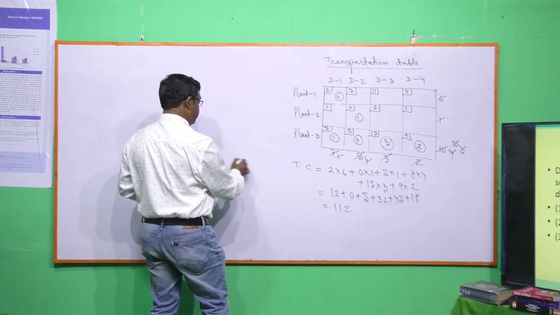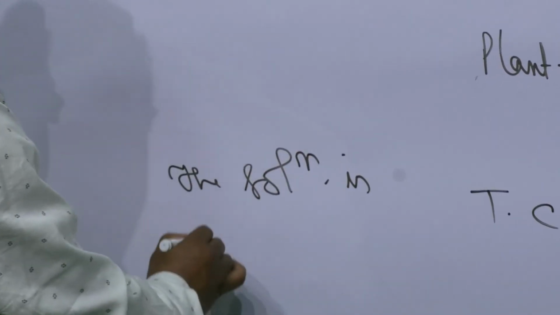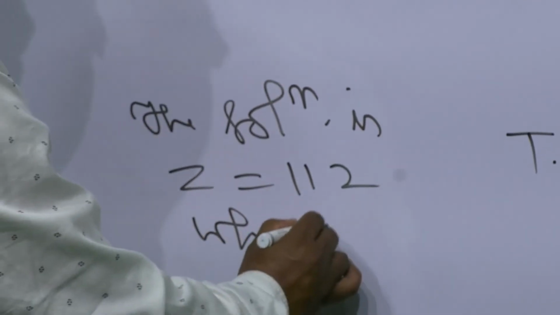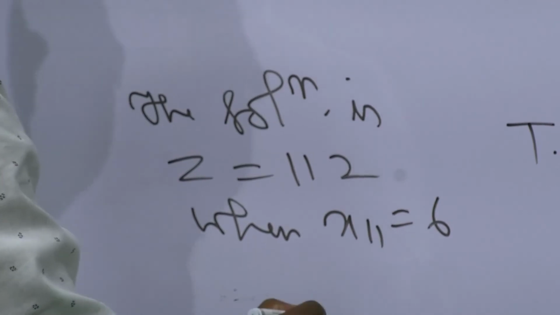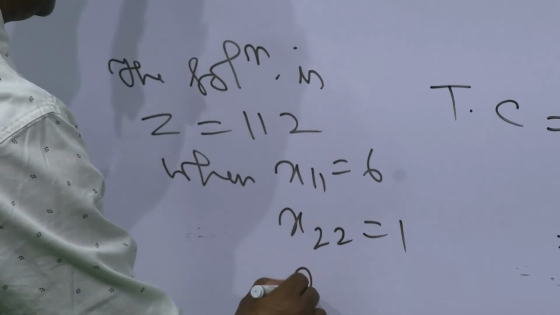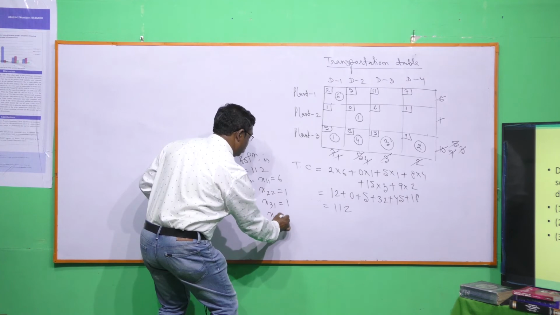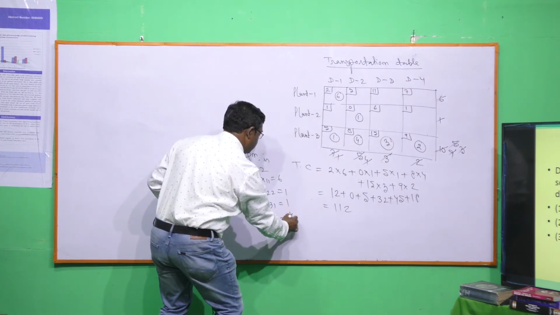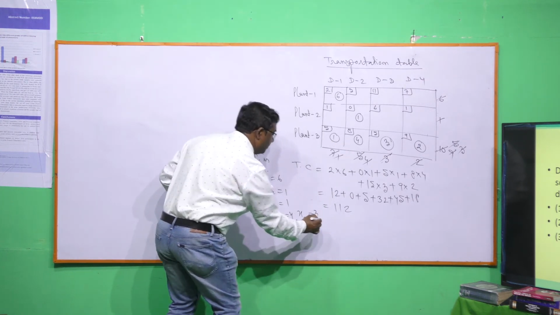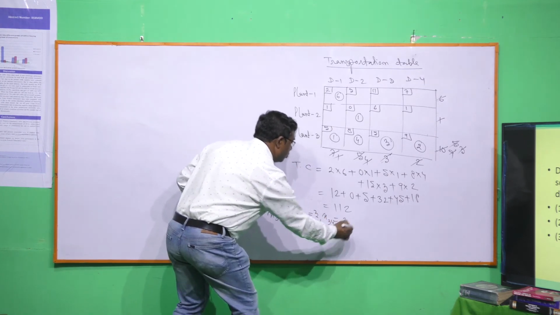The solution is Z equal to 112 when x11 is 6, x22 is 1, x31 is 1, x32 is 4, x33 is 3, plus x34 is 2.